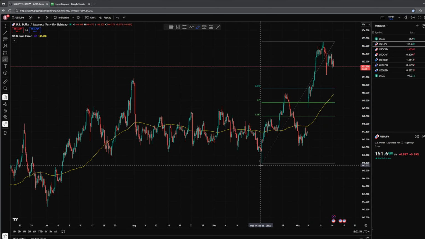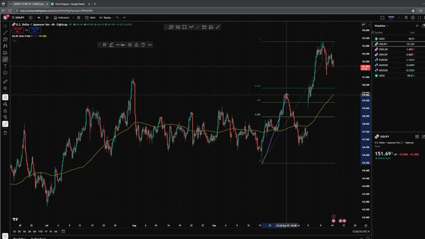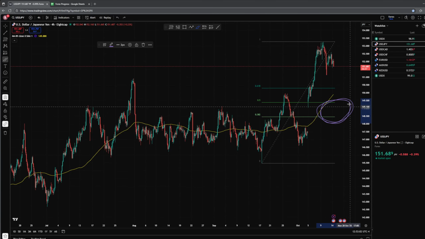So we have a nice up leg, retracement, up leg. Now the market seems to be retracing, and if the market retraces about the 50 to 60% zone here, that would be a perfect opportunity to buy USD Japan yen.